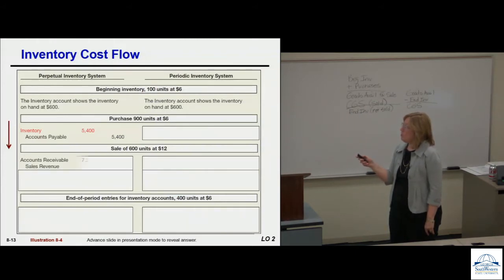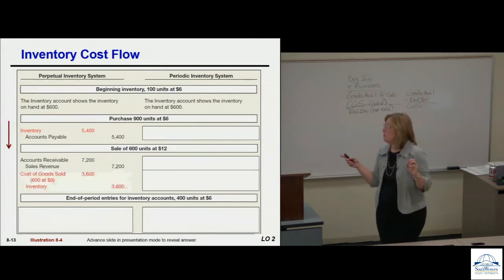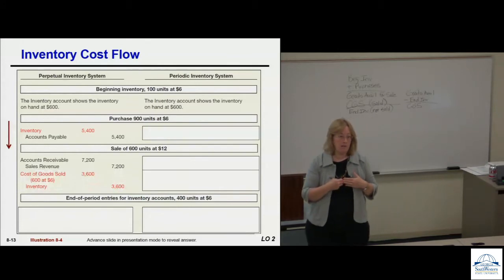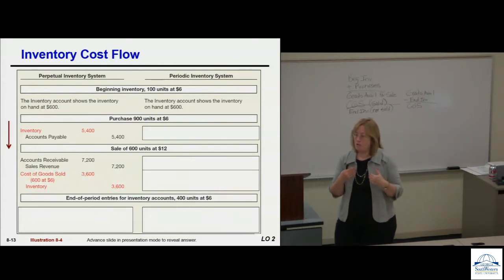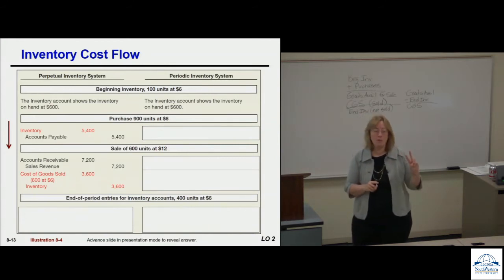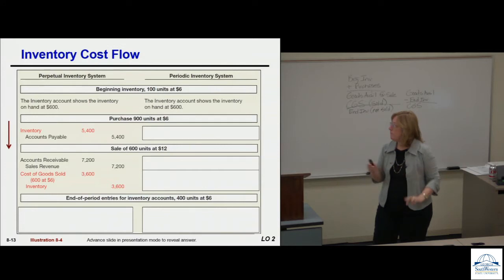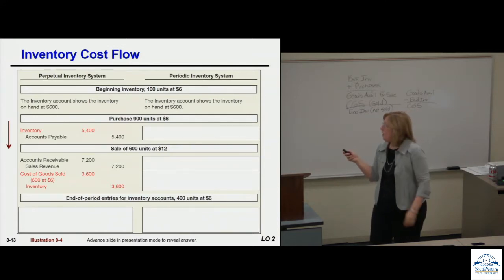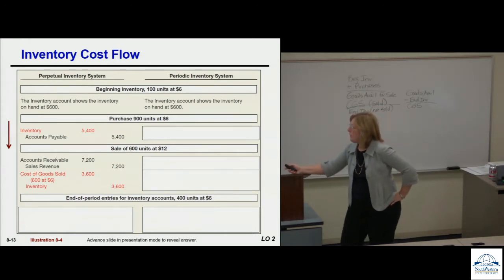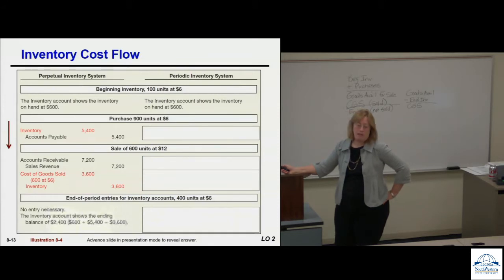We sell something, and in addition to the sales revenue, we also record that we're taking it out of inventory. Into inventory, out of inventory. So notice on a sale, under the perpetual system, we have two entries for a sale. One entry to record the sale, and the other entry to take it out of inventory, okay? When we take it out of inventory, we put in cost of goods sold. All right, and then at the end of the period, we go and count our inventory, right? We already know what's in there, right?